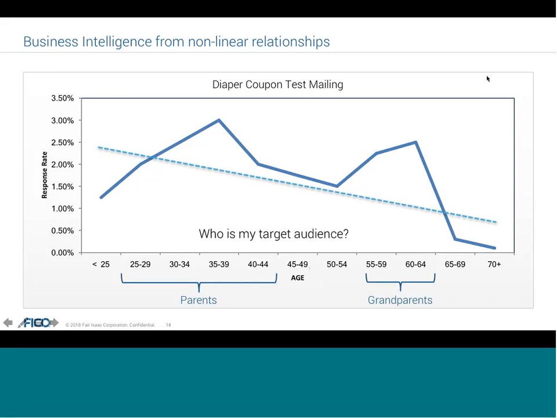And what they can take away is, I might not need a single creative. I may need two completely different creatives to go out, targeting an expected new parent in my lower age range, and a prospective grandparent. Two completely different messages, probably two completely different visuals as well.